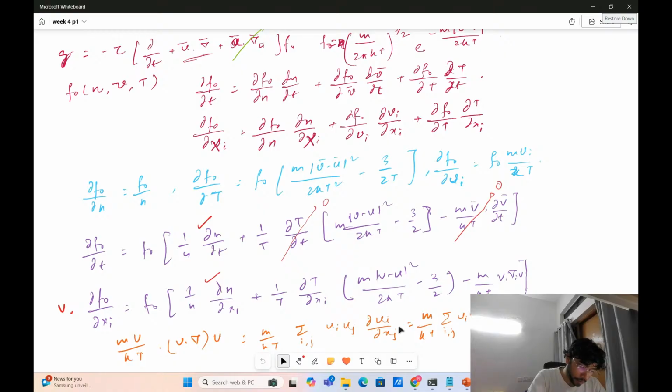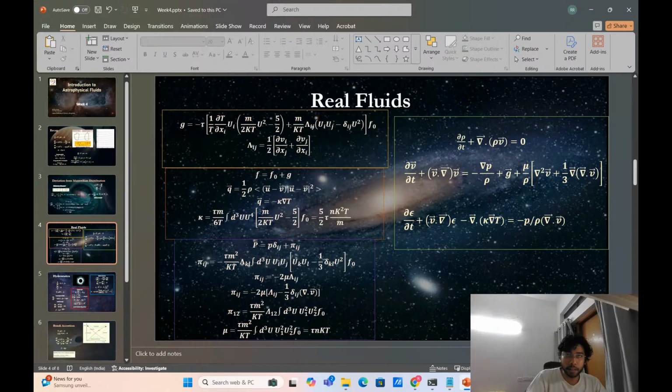Let me write down the antisymmetric values. The antisymmetric part, when multiplied with the symmetric tensor, will cancel. This will be this, whereas this part will remain. Now this is nothing but lambda ij. So from there we will get this equation, so lambda ij ui uj.